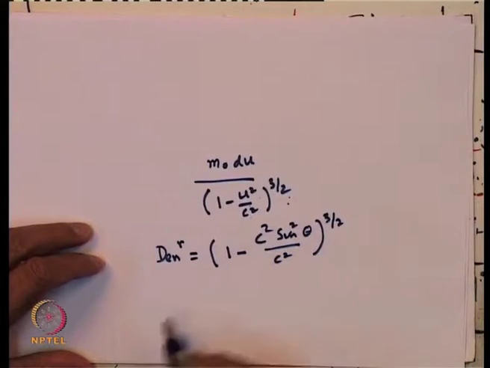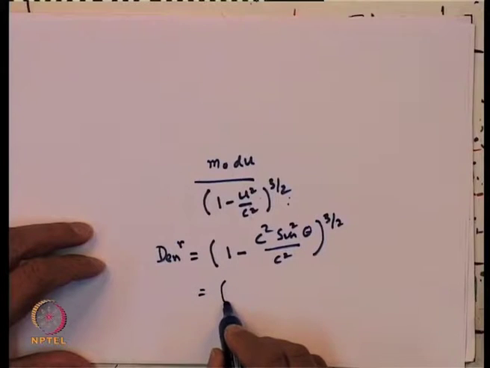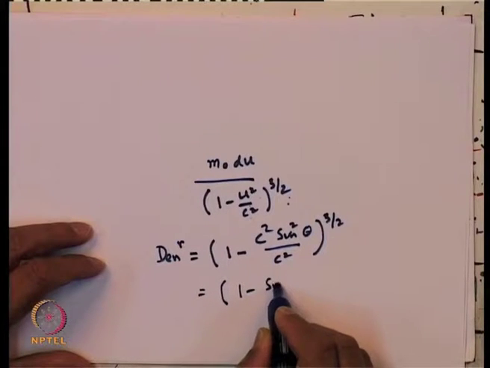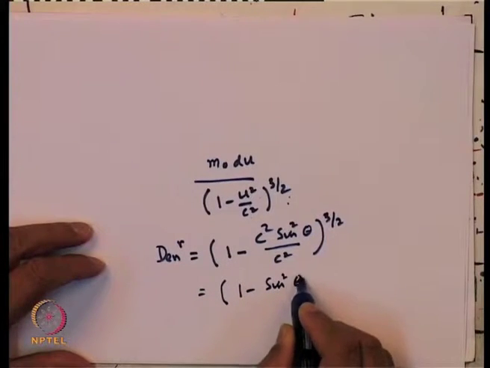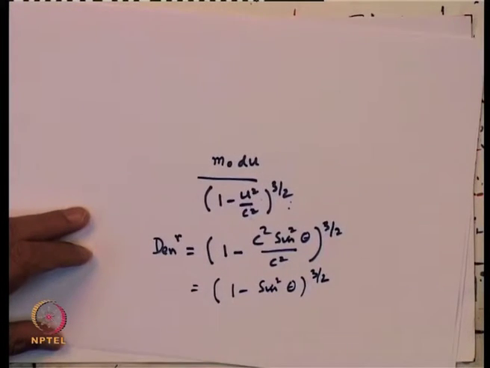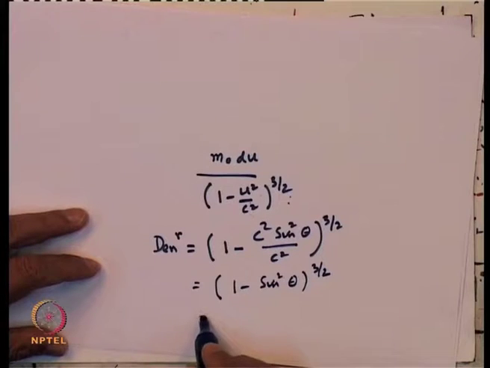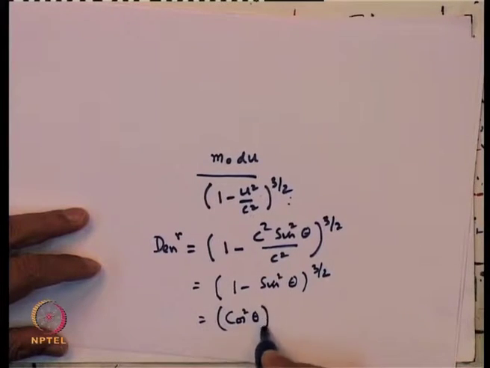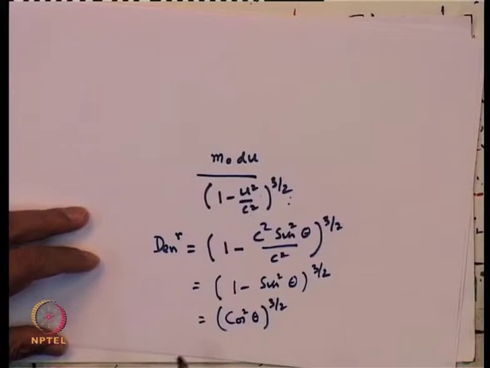This c square will cancel, so I will get 1 minus sin square theta to the power 3 by 2. 1 minus sin square theta is cos square theta, so this becomes cos square theta to the power 3 by 2. The square root and this half go away, and this becomes cos cube theta.